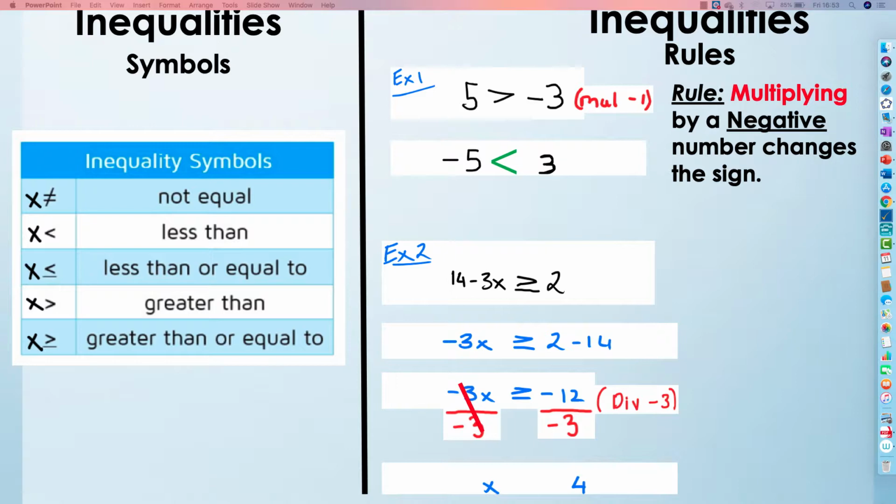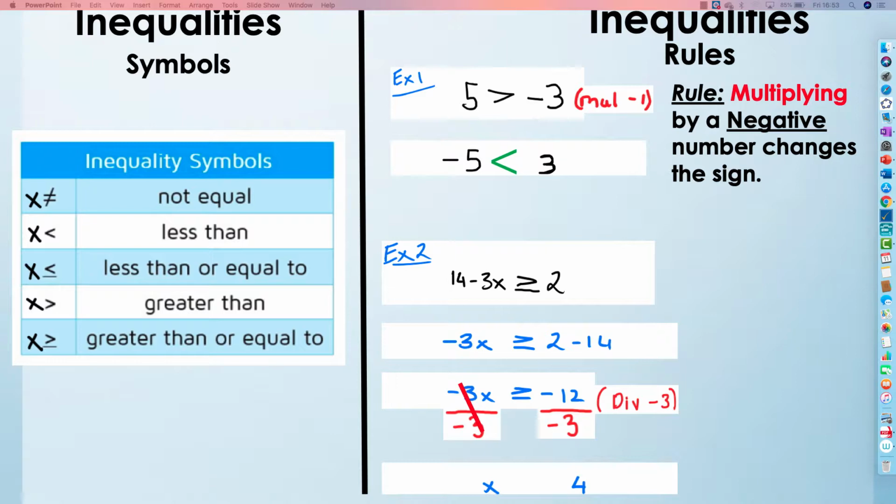X, once again, something to 4. Now what happens to my sign? It flips. Why does it flip? I divide it by a negative number. What's the rule? Whenever you multiply by a negative number or divide by a negative number, the sign must flip.